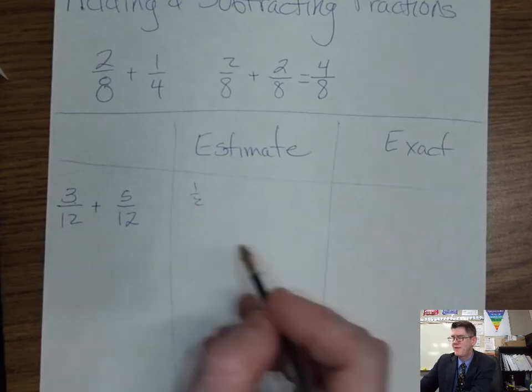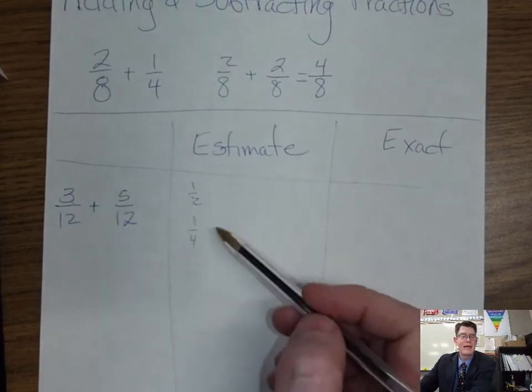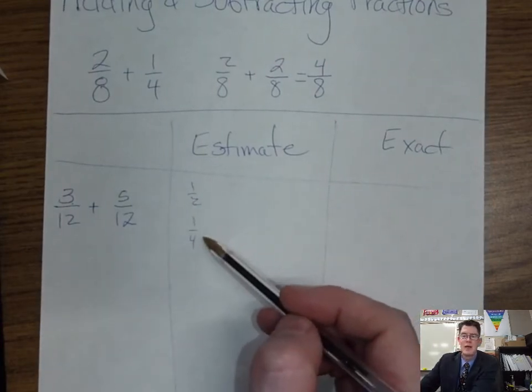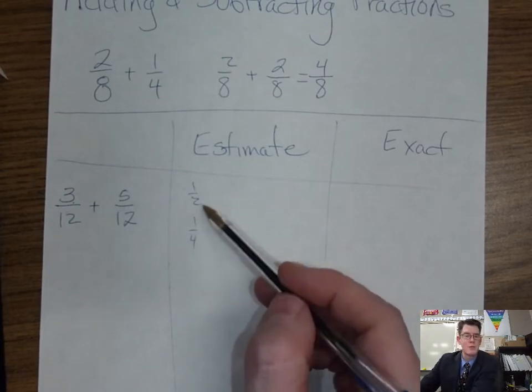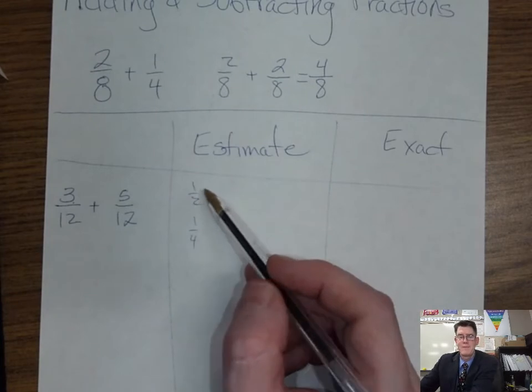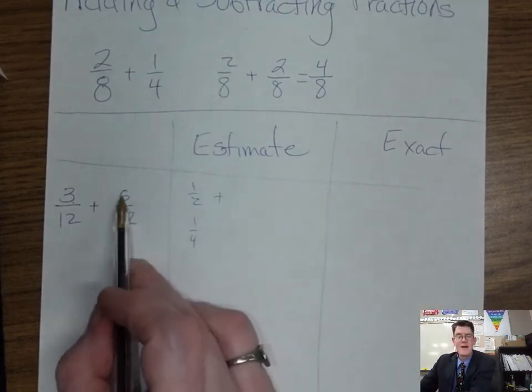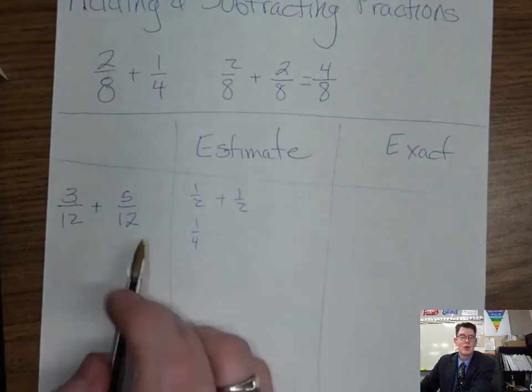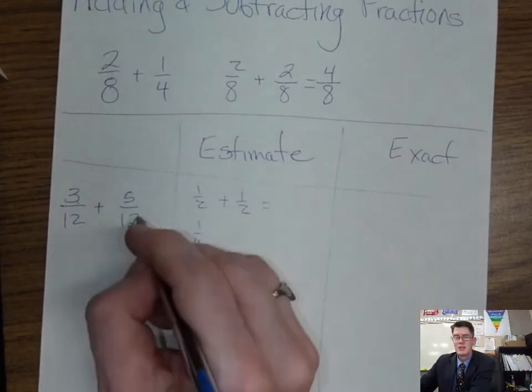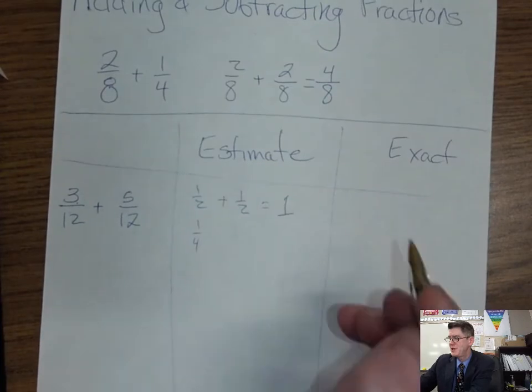I'm thinking of 1/2. If you're thinking maybe 1/4, that's higher order thinking, getting to a smaller fraction, but I'm just going to use 1/2 for the first one. And then 5/12, that's kind of close to 1/2. So 1/2 plus 1/2, and just in my head, I know that a half and a half is 1.